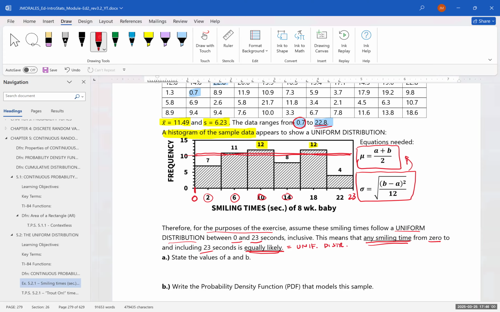So part A is to state the values of A and B. Well, A is our minimum value, which is going to be 0, and B is our maximum value, which is 23. So A will be equal to 0, and B will be equal to 23.